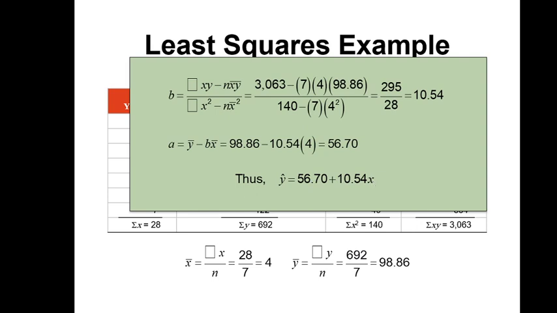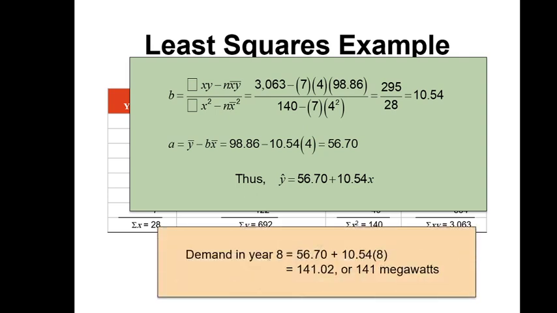So X is given by period number 8. We substitute the value of X, which is 8, in order to solve for the forecasted demand for next year, year number 8. Then our demand for next year will be 141 megawatts of electricity for that residential area.